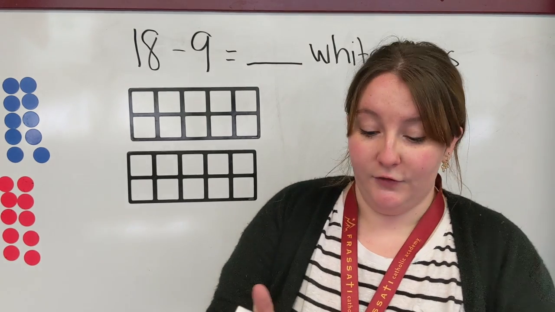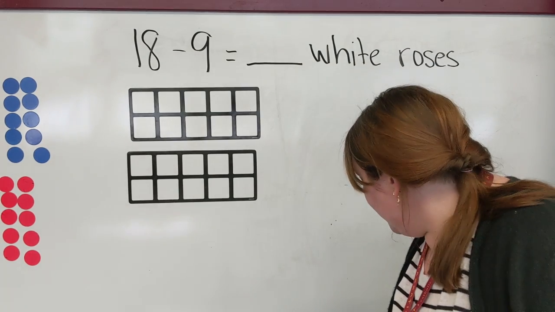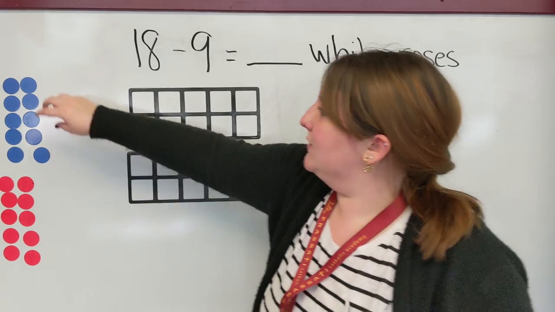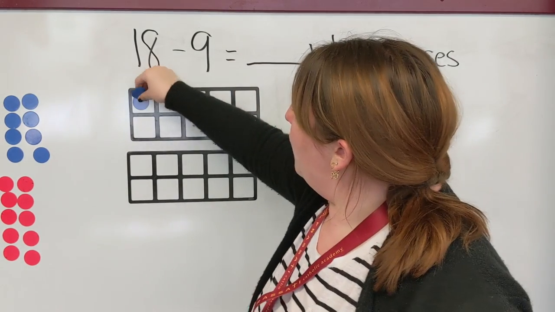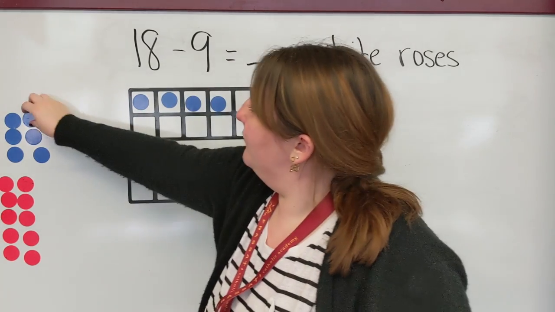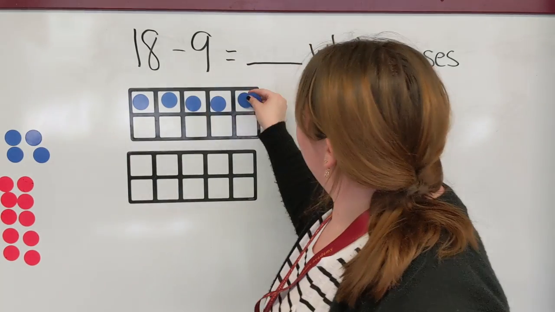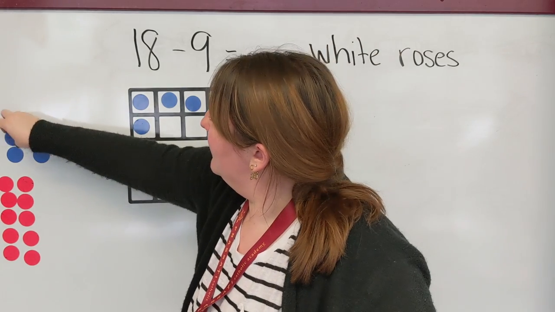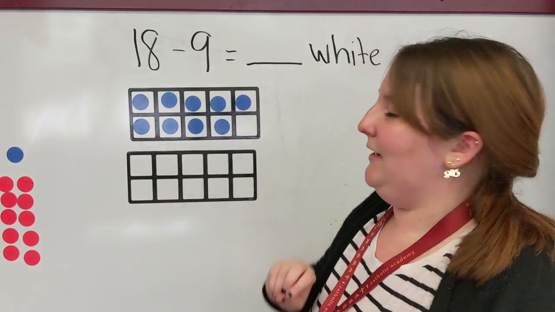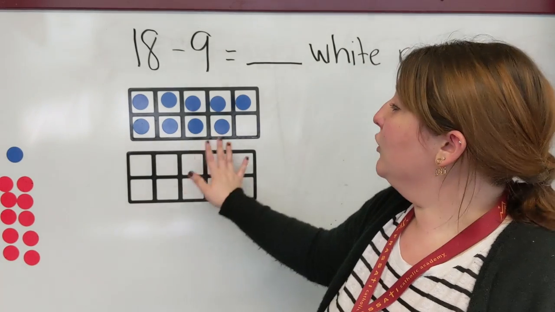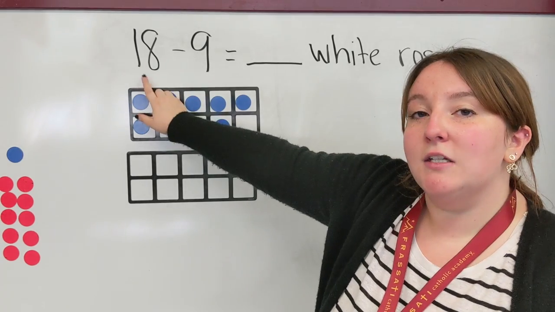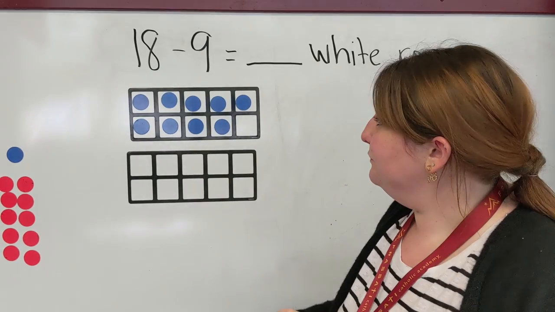So in our tens frame, let's start by showing 9 blue circles. 1, 2, 3, 4, 5, 6, 7, 8, and 9.